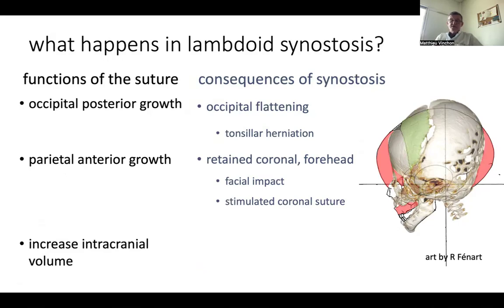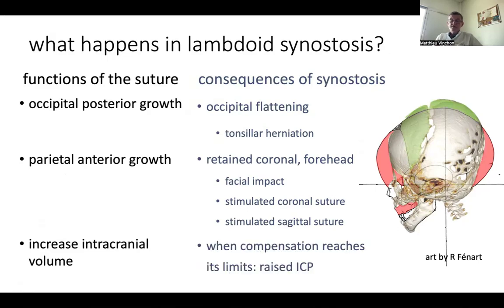But we also have a stimulated coronal suture, so we have a mechanism of compensation which leads to an enlargement of the frontal bone. We have also a stimulation of the sagittal suture, so we have compensatory mechanisms, but these mechanisms are limited, and when the compensation reaches its limit, we can have raised intracranial hypertension.